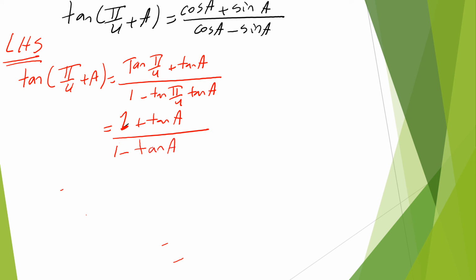Now I've reached 1 plus tan A over 1 minus tan A, and the right-hand side has sine and cosine, so I need to convert the tan into sine and cosine.